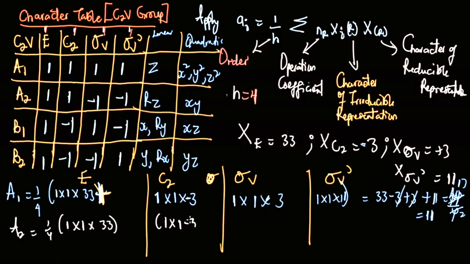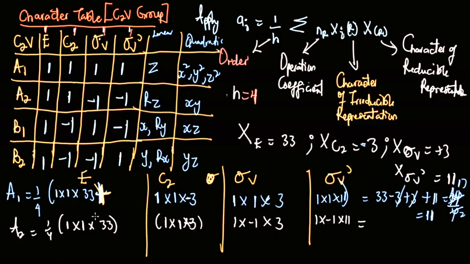The next one is 1 times minus 1 times positive 3, and the last one is 1 times minus 1 times 11.